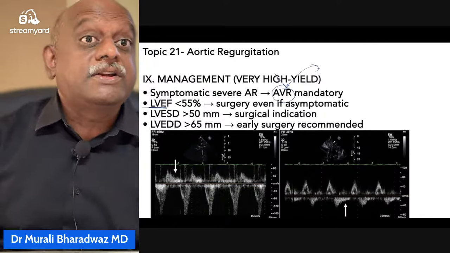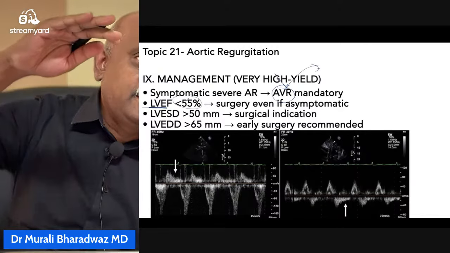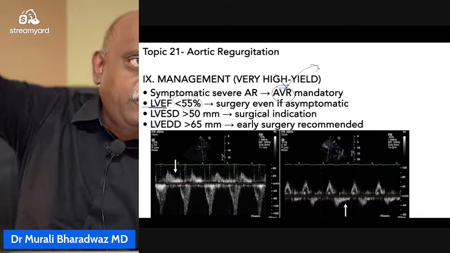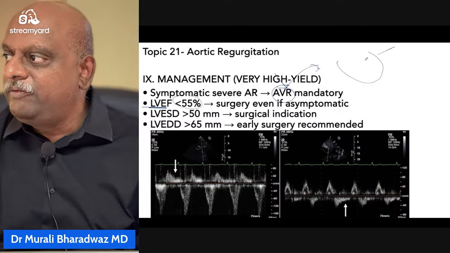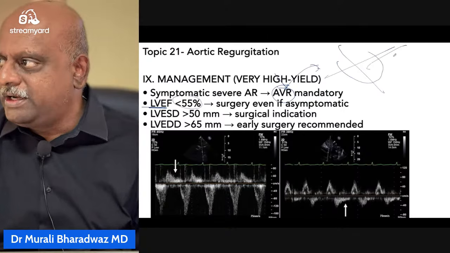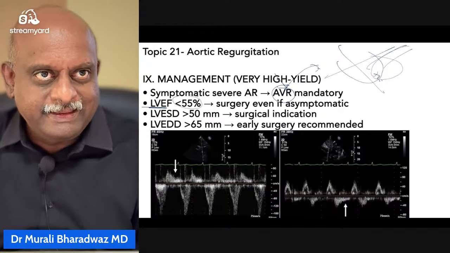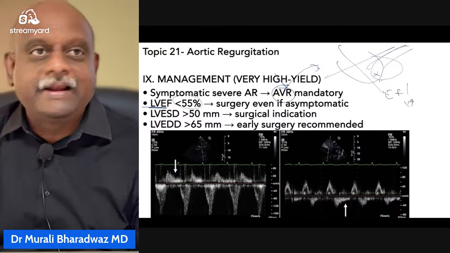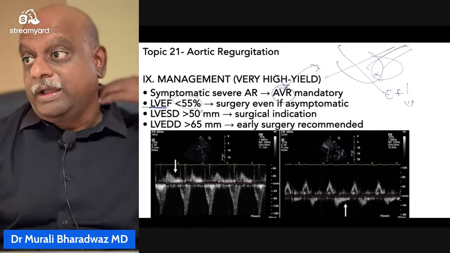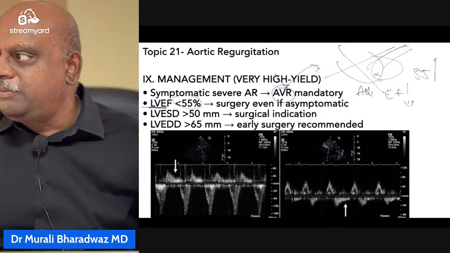Then LV ejection fraction is expected to be either 55, 65 or above. But if, due to the regurgitation, the ventricle is dilated and failed, that time once more the EF will decrease. So EF in case of AR, if it is 55 and above is okay.